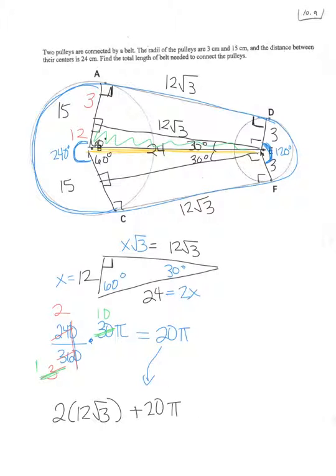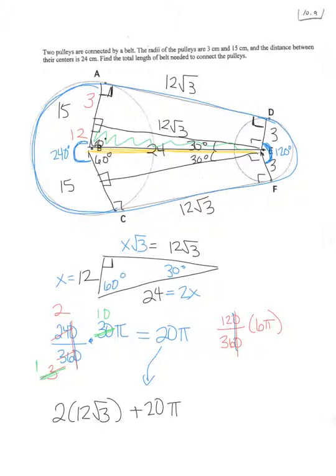I'm going to do these calculations in red down here. So we have 120 over 360 times the circumference. Well, we know the radius is 3, therefore the diameter would be 6 multiplied by pi to get the circumference. Cross out the zeros and start simplifying.